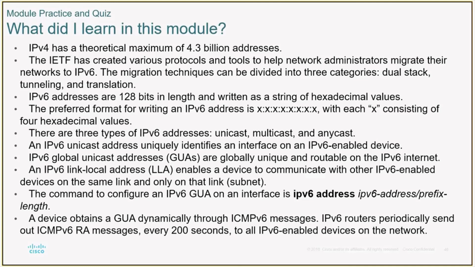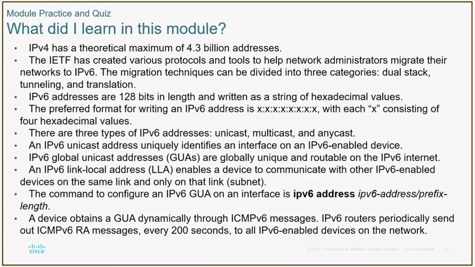IPv6 global unicast addresses are globally unique and routable on the IPv6 internet. IPv6 link local addresses enable a device to communicate with other IPv6 enabled devices on the same link, but only on that same link.